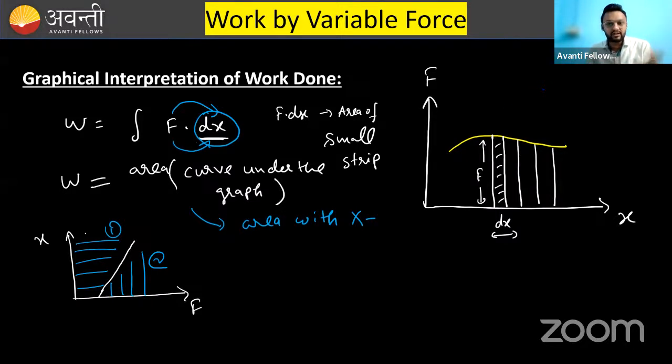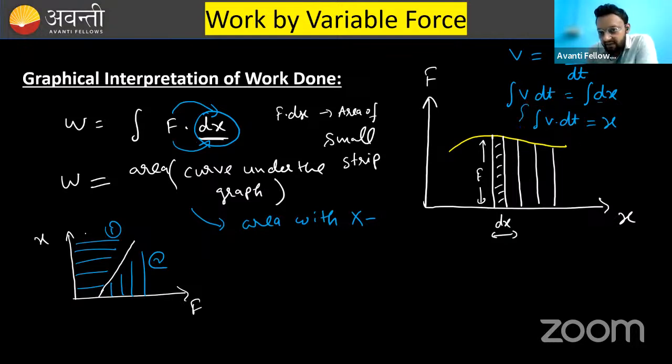If I ask you a simple general question, not about work done: do you know that velocity can be written as dx over dt? Then v dt will be dx. If you integrate it, displacement equals integration v dt. So what does this equation signify?